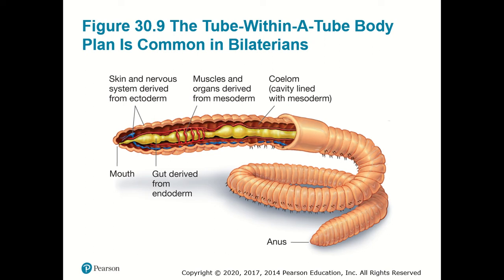Recall, and we don't think of this because of our autonomic nervous system, but all of our organs are in motion. Our lungs move, our heart moves, the digestive tract moves. So again, the coelom allows for a certain degree of flexibility and movement to organs.